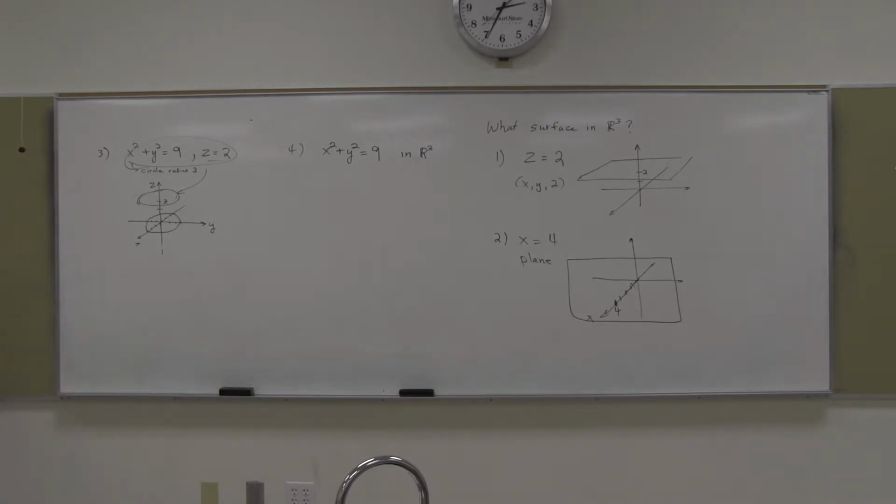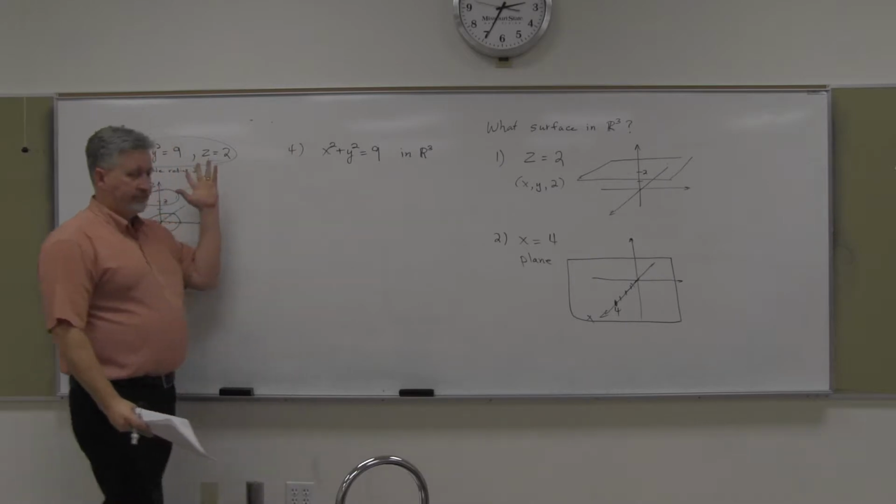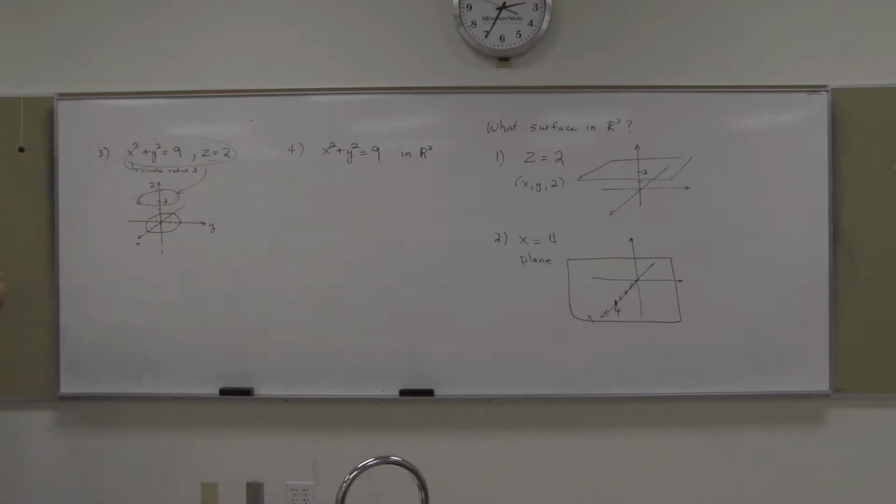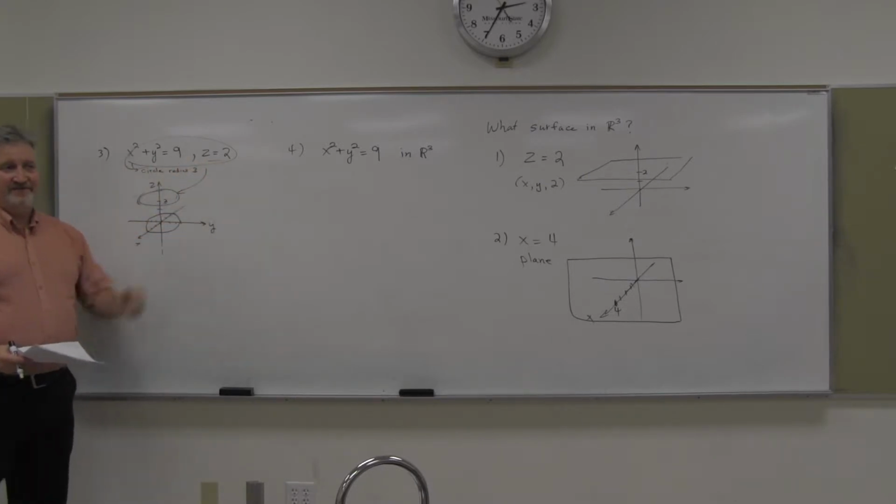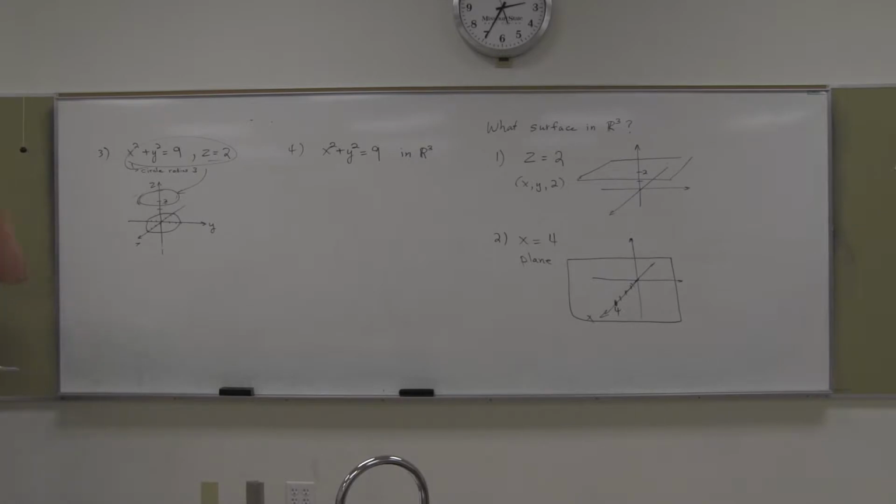what if I just had x squared plus y squared equals 9 in R cubed? This doesn't have the restriction or the extra part that z equals 2. And so what that tells me is z can be anything. Z isn't locked in to be a specific number. I've still got the circle, radius 3, the xy circle, center 0, 0.